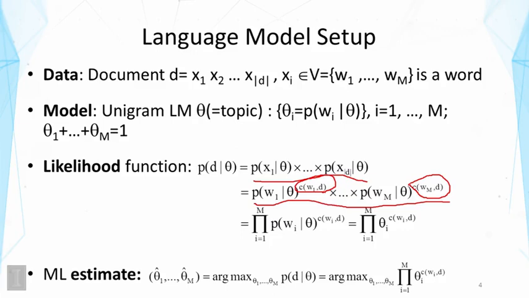So this is a very useful form of writing down the likelihood function that we will often use later. So I want you to pay attention to this, just get familiar with this notation. It's just to change the product over all the different words in the vocabulary. So in the end, of course, we'll use theta sub i to express this likelihood function, and it would look like this.